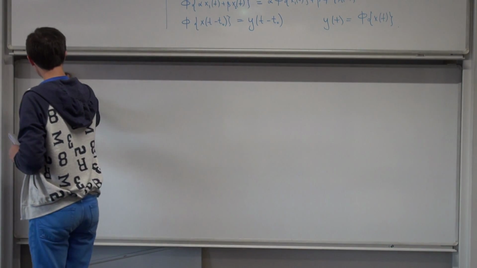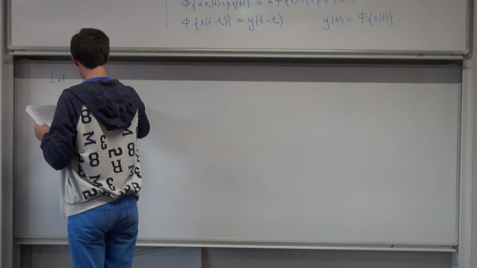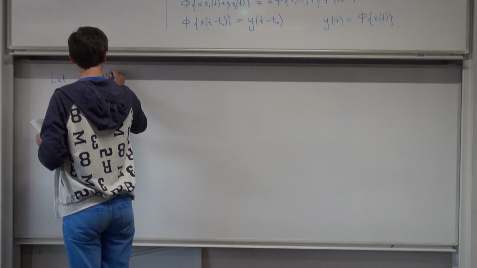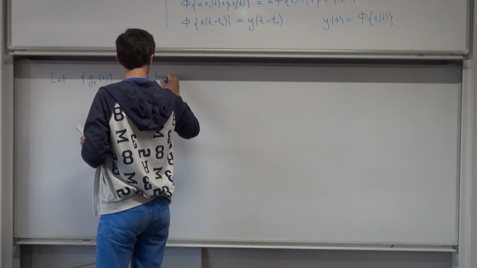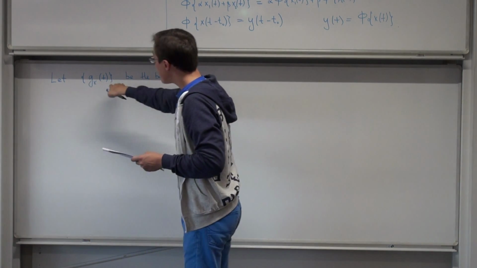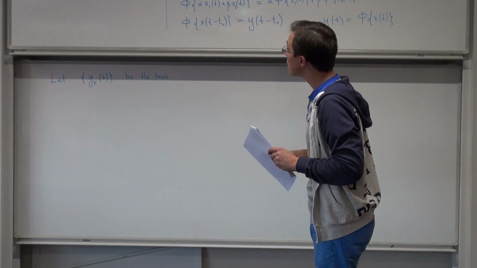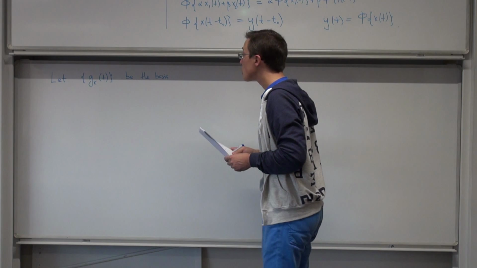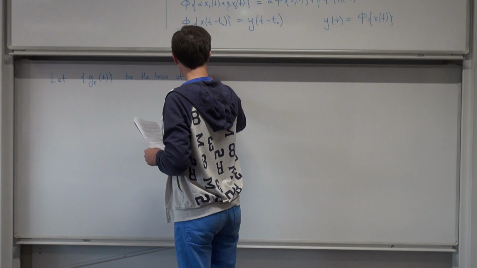So let a set g_k of t be the basis of orthonormal functions which are orthogonal under some scalar product. We don't need to specify at the moment what that is.